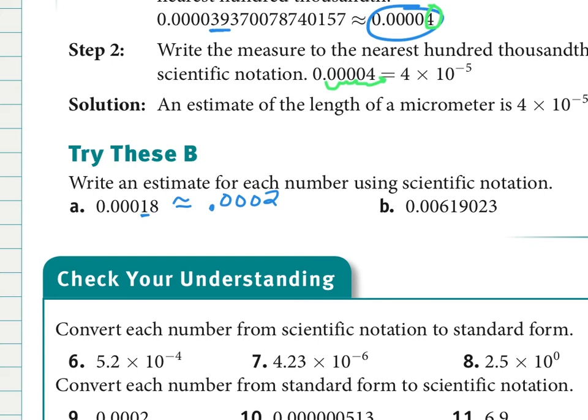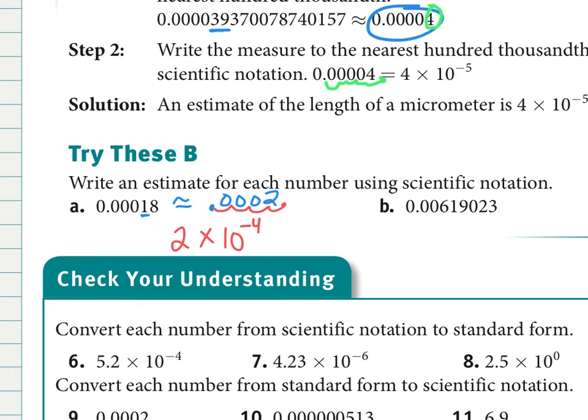And now we just need to write that in scientific notation. It's going to be 2 times, and let's think about it. If the decimal was after the 2, it moved 1, 2, 3, 4 times to the left. So we have a negative exponent of -4. So it's approximately 2 times 10 to the -4th power.